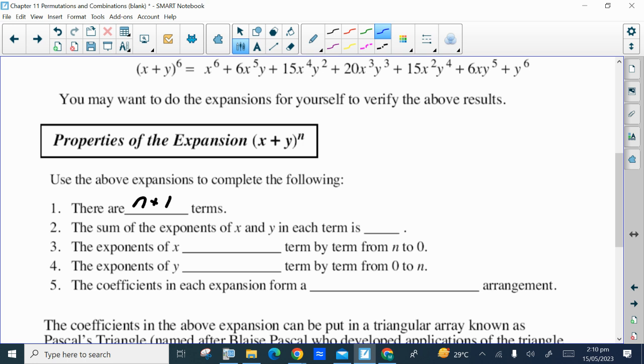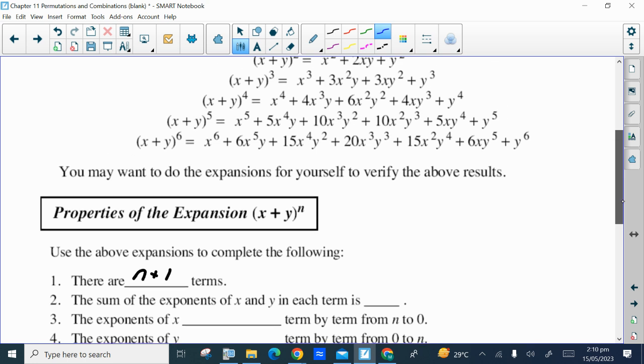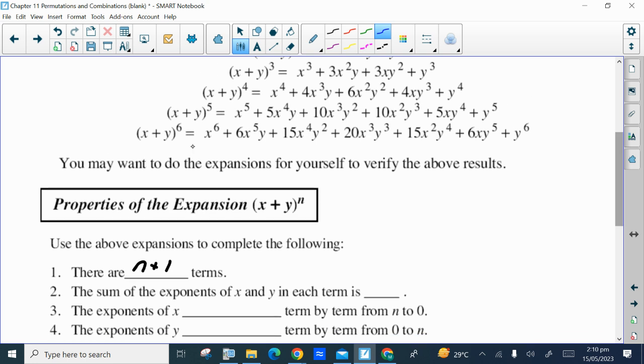The next line talks about the sum of the exponents of x and y in each term. Let's look at that last row. You've only got one exponent in the first term, 6. Second term, it's x to the 5th, y to the 1. When you add the exponents together, you get 6. Same thing with the third term. Exponents are 4 and 2.